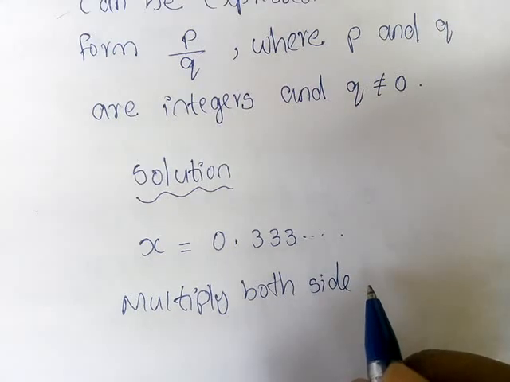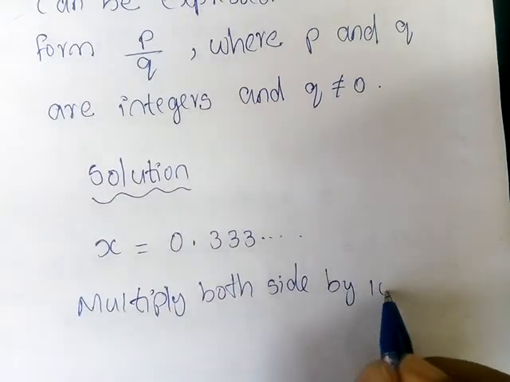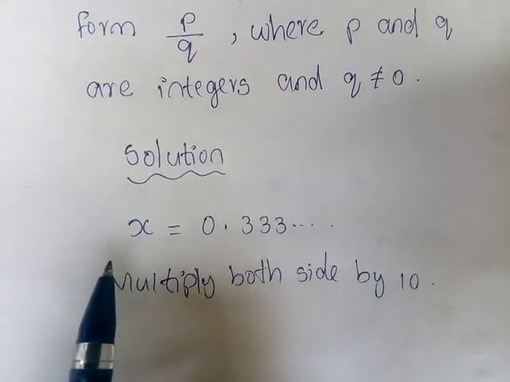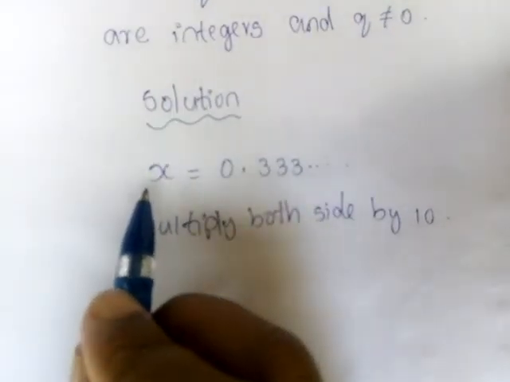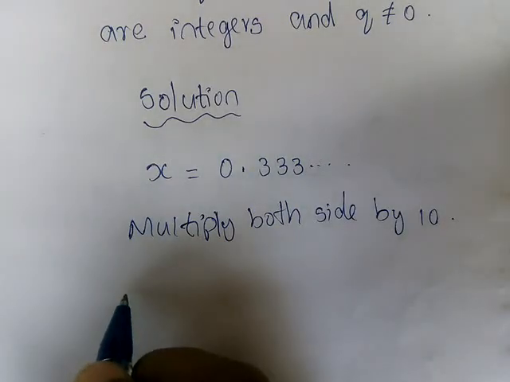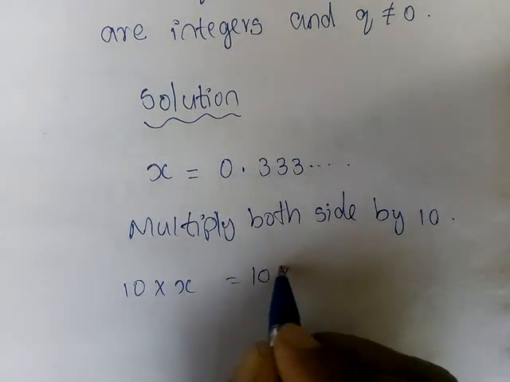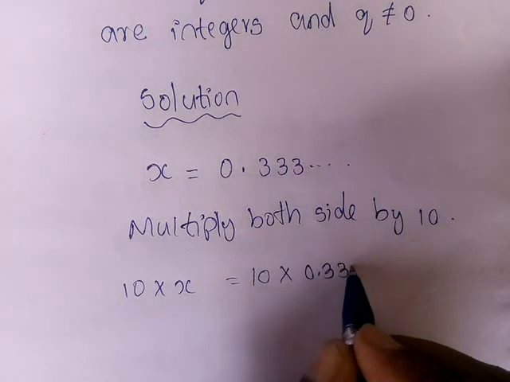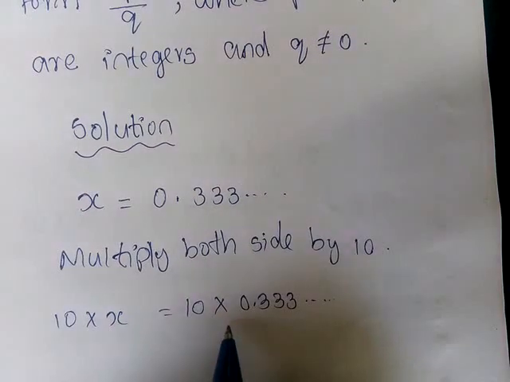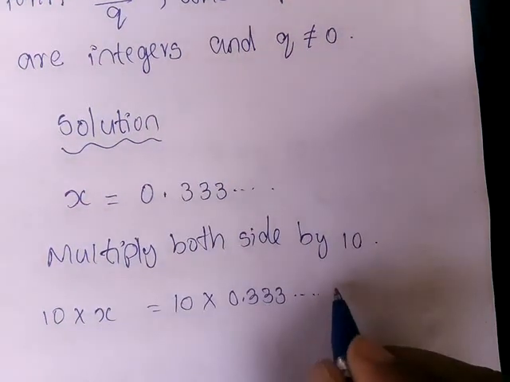First we multiply the LHS by 10. That is, 10 into x is equal to 10 into 0.333 etc.